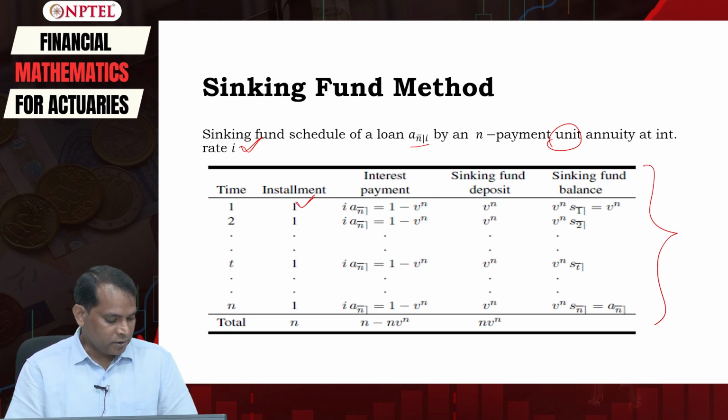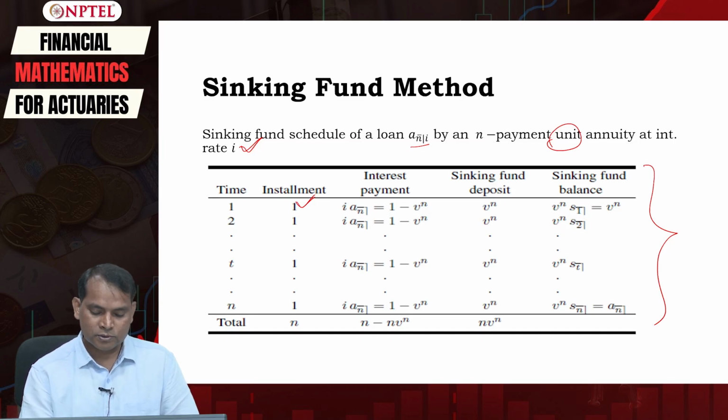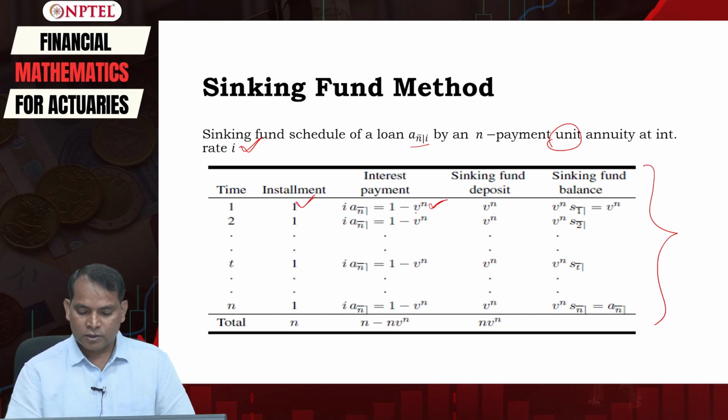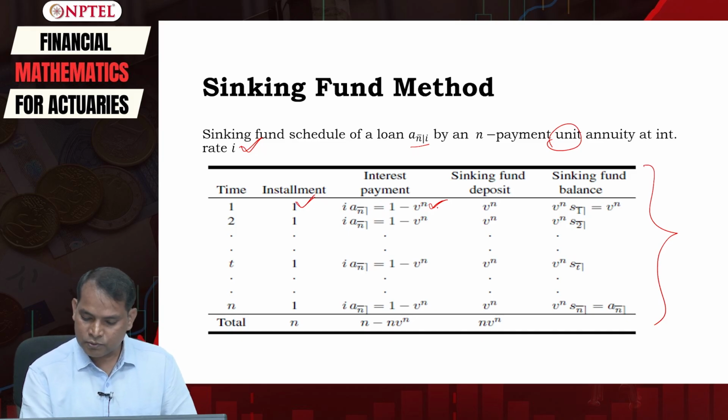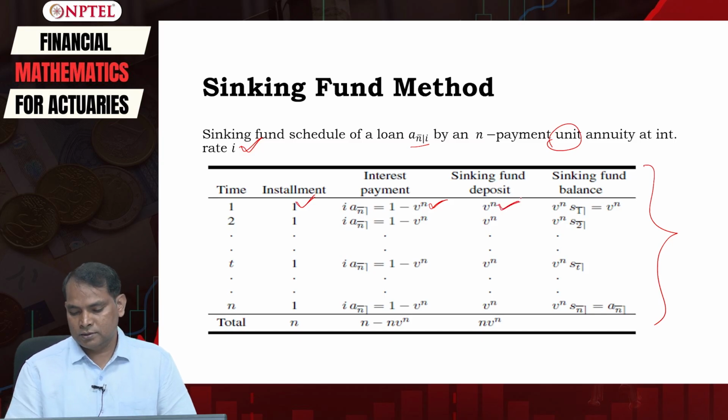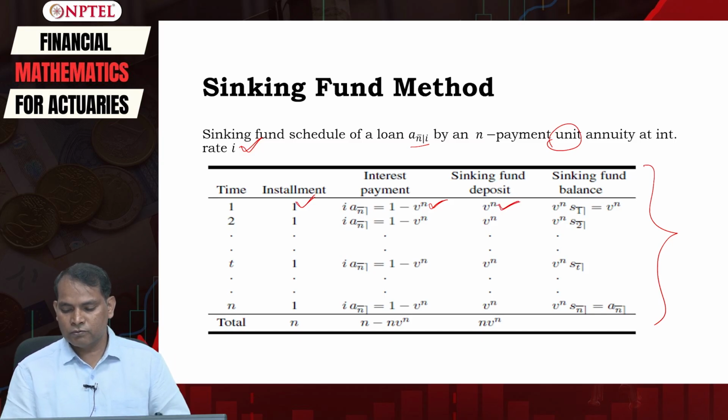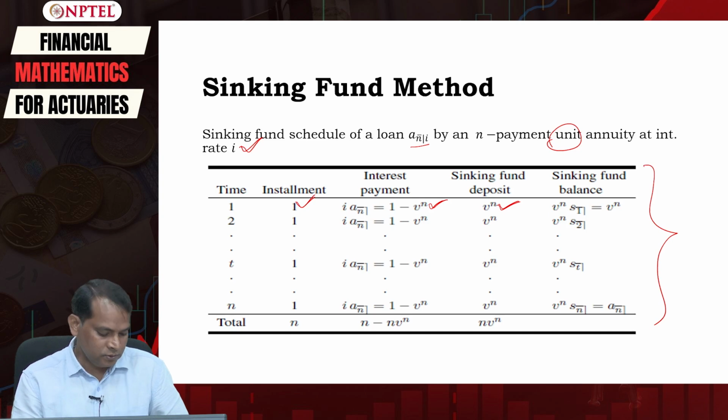The interest payment, as we have understood just now, is I times the loan amount, that is 1 minus V to the power N, and the sinking fund deposit, therefore, is this plus 1, and this will give you V to the power N. And the sinking fund balance therefore will be equal to what?